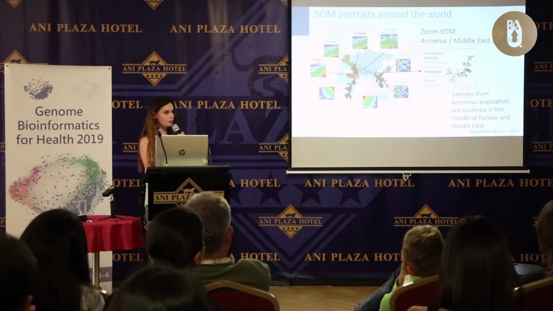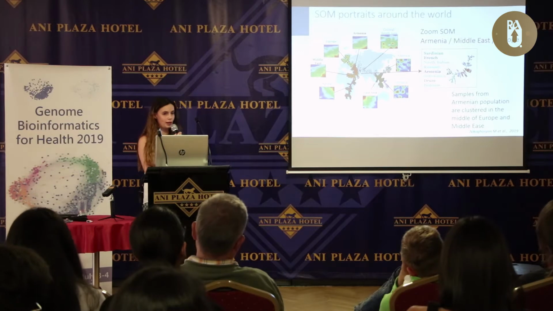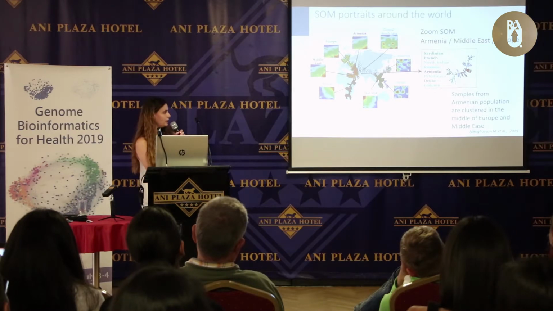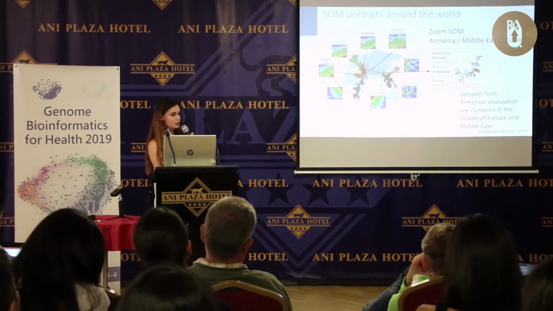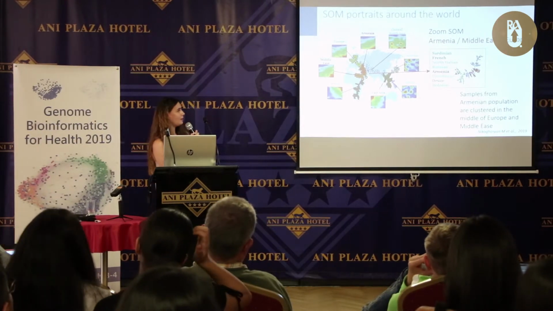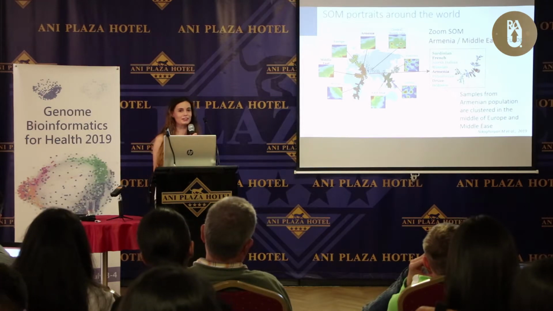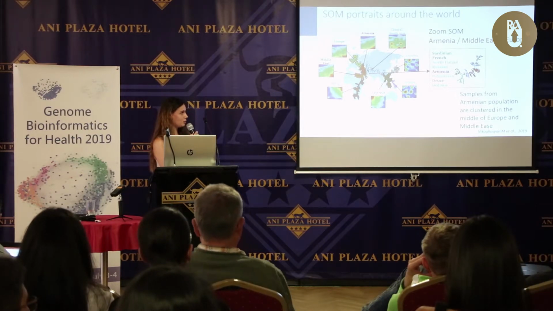This is a tree where each dot is one individual, colored according to its geographical location, and it's based on Pearson correlation between the individual SOM portraits. Interestingly, this tree replicates the geographical overview of the actual location of these populations.